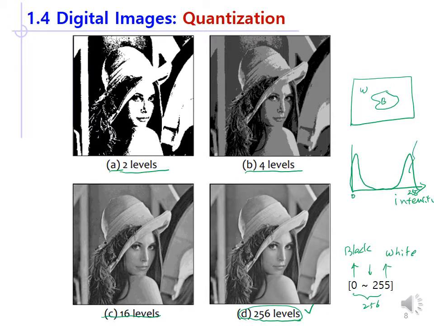This is the background, and this is the object. Then by thresholding at some level, we can tell this is the object and this is the background. So we make a grayscale image into a two-level image by thresholding.